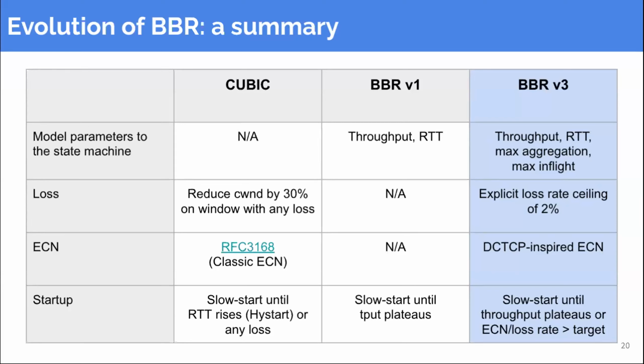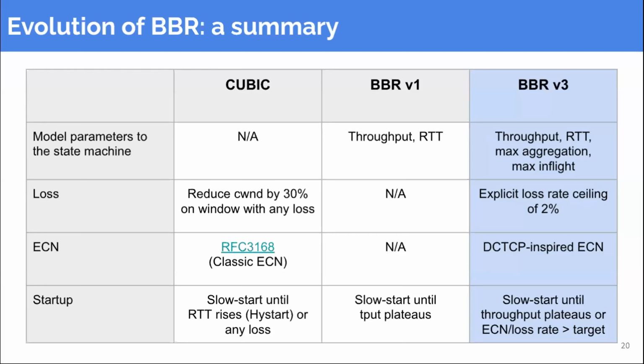BBR version 1 did not have any ECN support. BBR version 3 does have ECN support for ECN that is in the vein of DCTCP or L4S. And then if we think about behavior in startup in this last row, Cubic has a mechanism called HyStart that allows it to exit slow start based on round trip time increases.